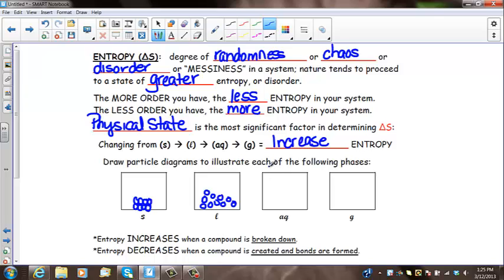So let's use an example of NaCl solid. When it becomes aqueous, we actually have Cl minus and Na plus. And I could have drawn this simply with pluses and minuses to stick with the particle diagram. And in the gas state, as we know, particles are spread out as far as they can so that they have the most entropy.